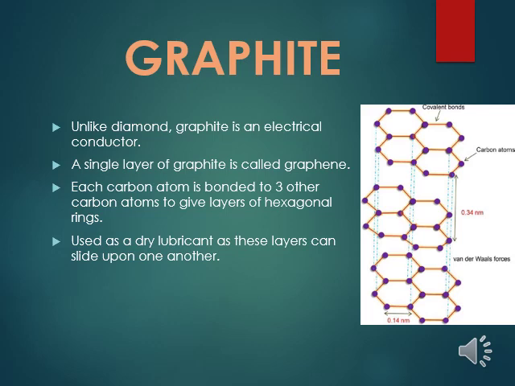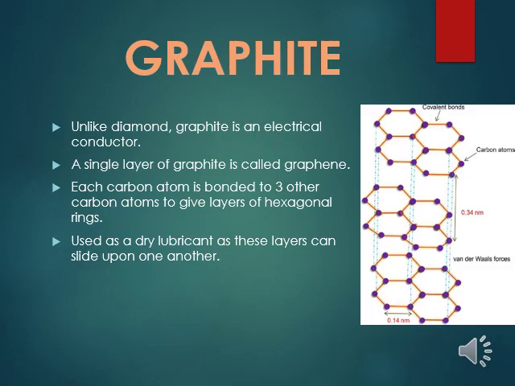This layer of hexagonal rings can slide upon one another, and for that reason graphite is soft and slippery, and it is used as a dry lubricant.